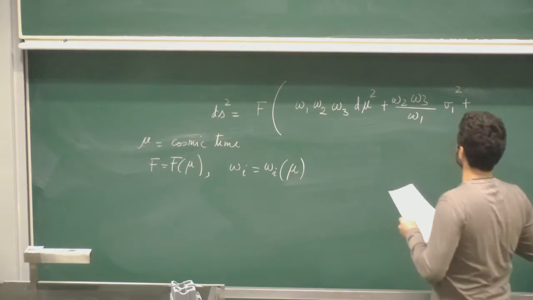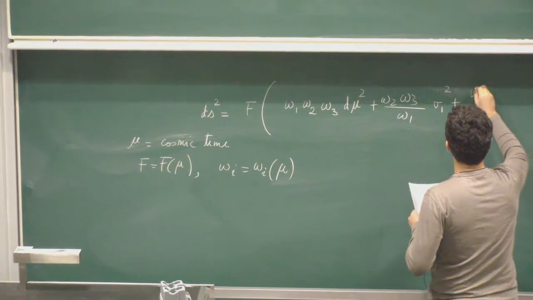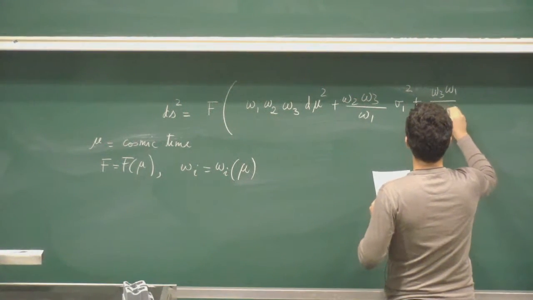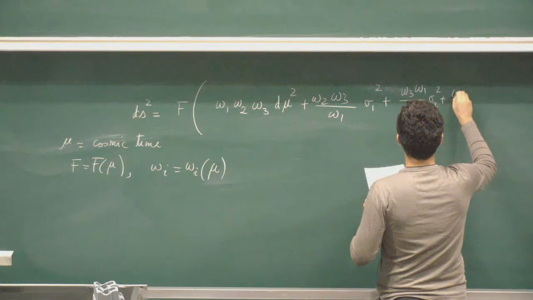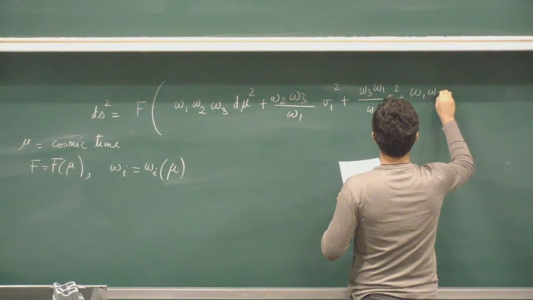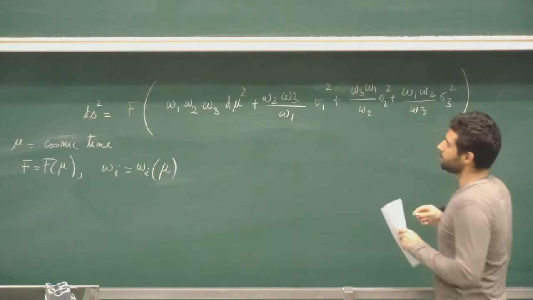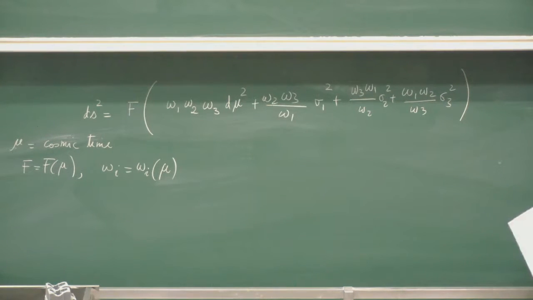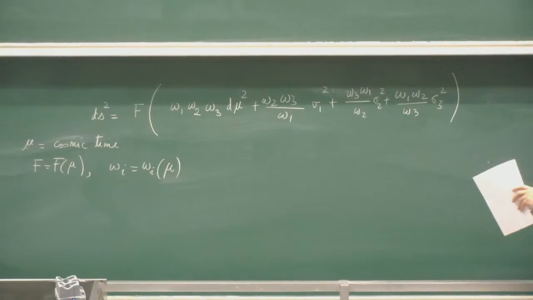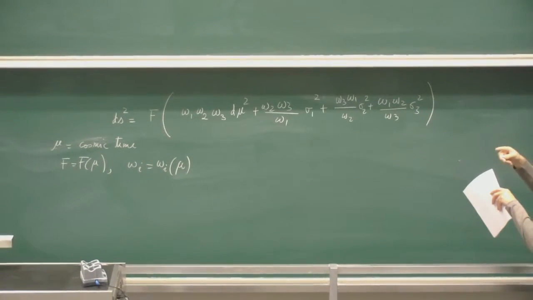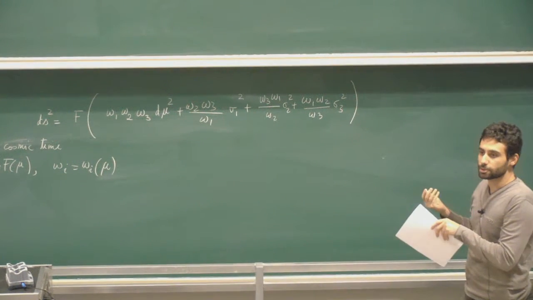So I will explain what these sigma i's are. Here I'm thinking about a compact manifold, so there will be a compact interval for the time mu times the three-dimensional sphere.